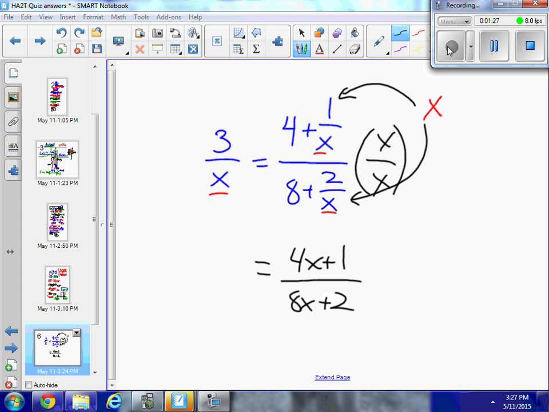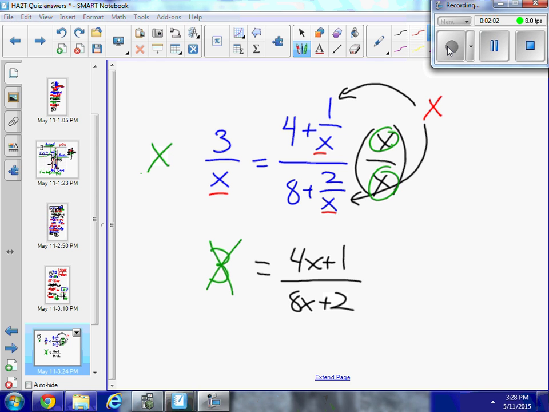Now the error that is made is that I'm looking at this and saying, well, my common denominator is x, so I'm multiplying everything by x, and then I come over here and say, if I multiply that side by x, I multiply this side by x, and this is equal to 3. But that is incorrect. Because over here, I was really multiplying by x on the top and x on the bottom. I was multiplying by x over x. So here, I actually need to do the same thing.